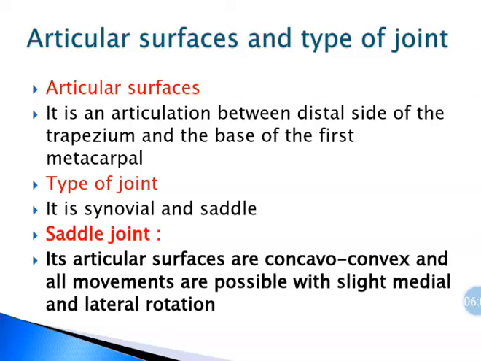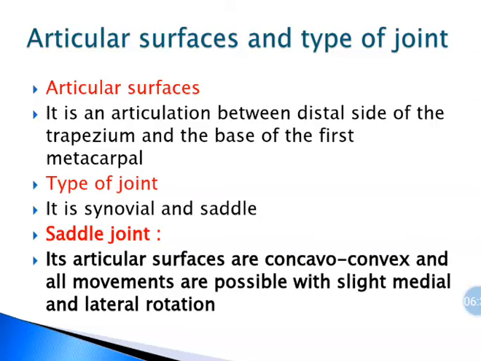Saddle joint. In saddle joint, what we find is articular surfaces are concavo-convex. That is, some part will be concave and the other part will be convex. And the other articular surface also will have convex and concave. So, opposite surfaces are concavo-convex. And in this type of joints, all movements are possible.